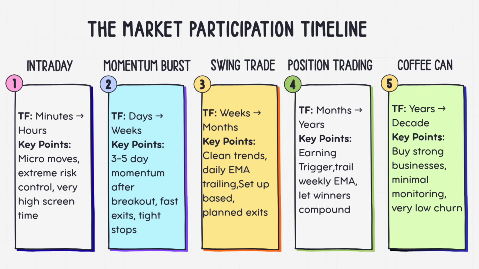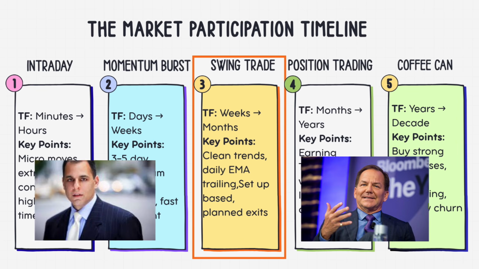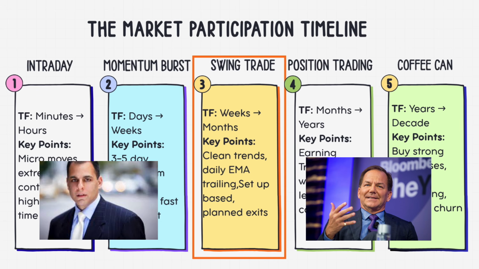This style is less stressful than momentum burst, and far less noisy than intraday trading. You don't worry too much about one or two day moves. You look for a trailing mechanism using the daily MA, hence you try to capture a good piece of the trend. Traders like Paul Tudor Jones or Mark Minervini operate in this zone.